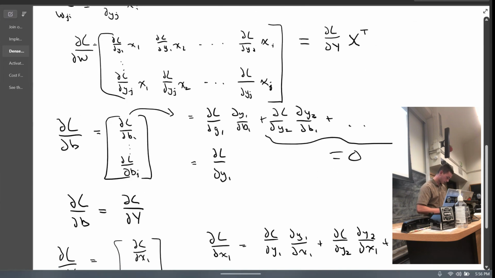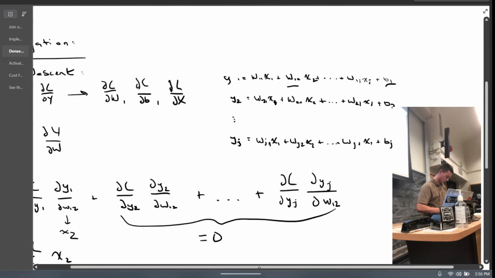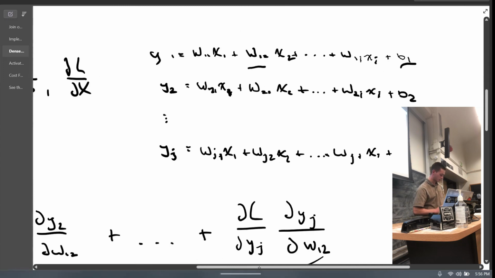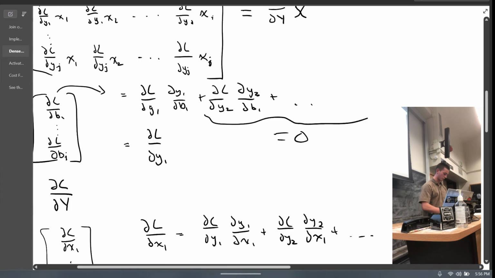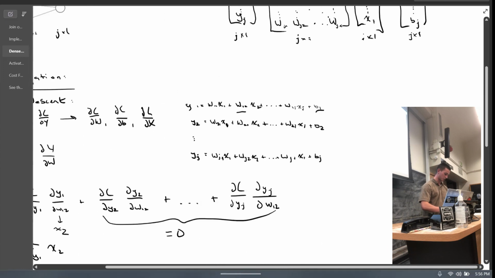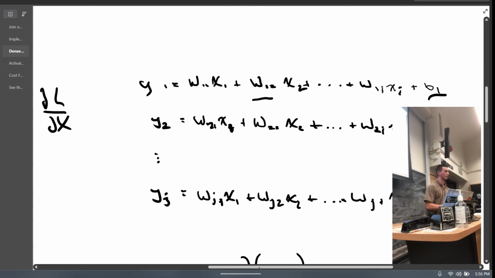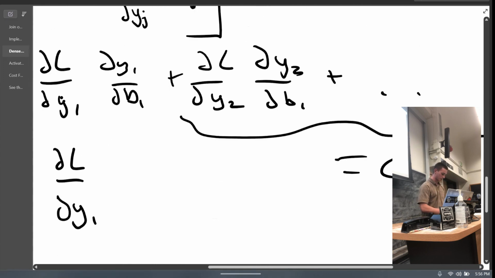Looking back at our equation for our output, the derivative of y1 with respect to x1 is just w11, and the derivative of y2 with respect to x1 is just w21, and so on.